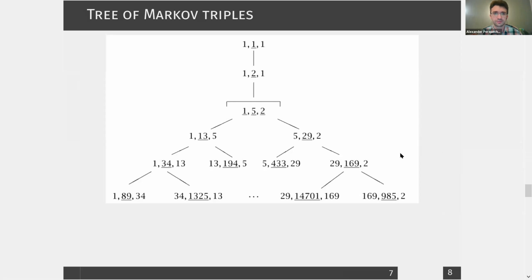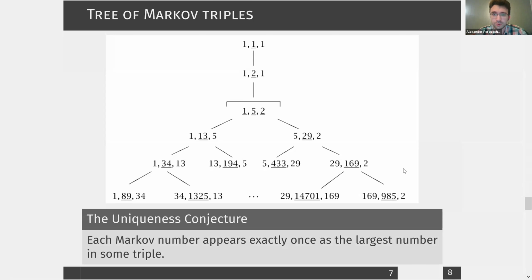All Markov triples, when we apply such involutions, form a binary tree. If you apply the involution to the largest number in the triple, you go up, and to the others, you go down. And if you look closely, you may find that each Markov number appears exactly once as the largest number in some triple. This observation is known for more than a century, but it's not yet proven.